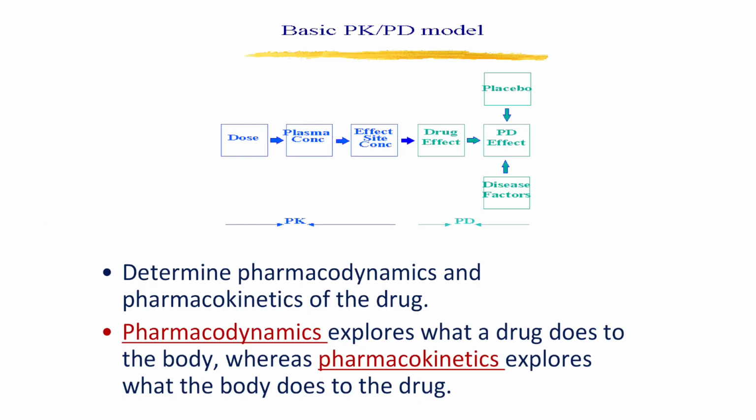The most important thing in the preclinical trials, specifically in vivo studies, is determining the pharmacodynamics and pharmacokinetics of the drug. Pharmacodynamics explores what a drug does to the body. Once the drug enters the body, what exactly is it doing to the tissues? Is it causing toxicity to the liver or the kidney or the heart?